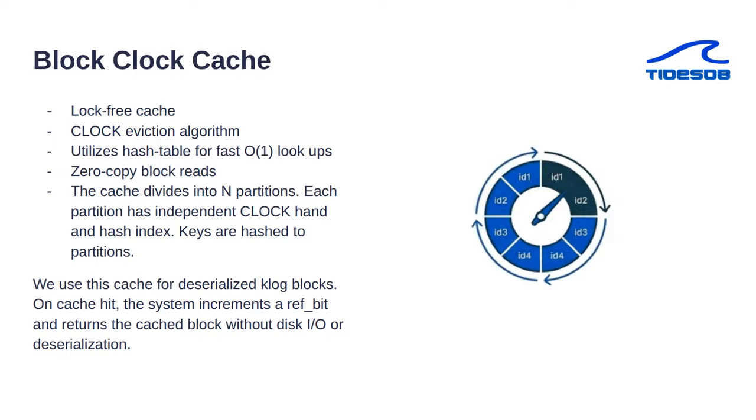We mainly utilize this clock cache as a lock-free, atomic, zero copy block read API. The cache divides into n partitions, and each partition has its own clock hand and hash indexes.